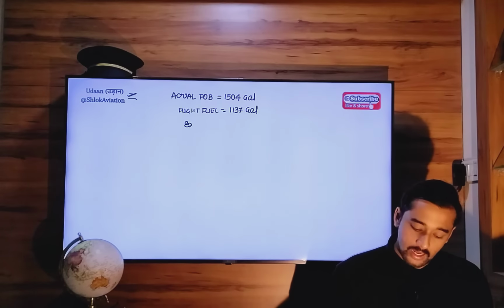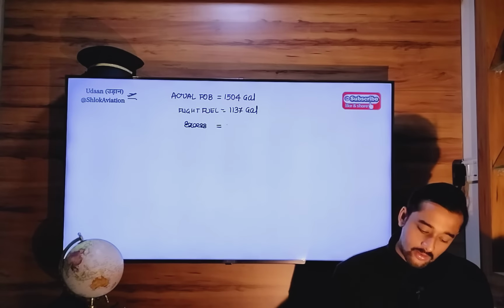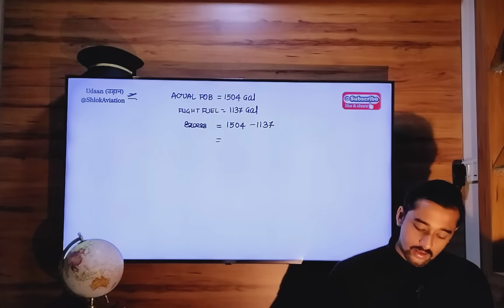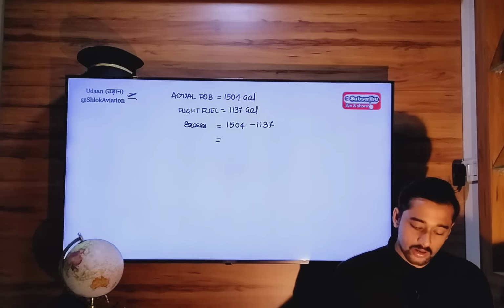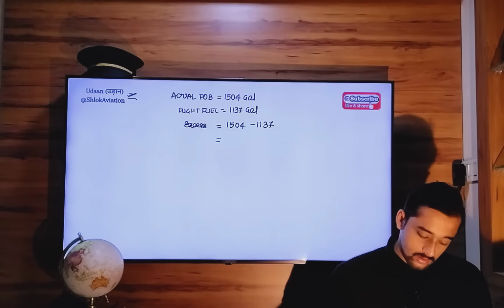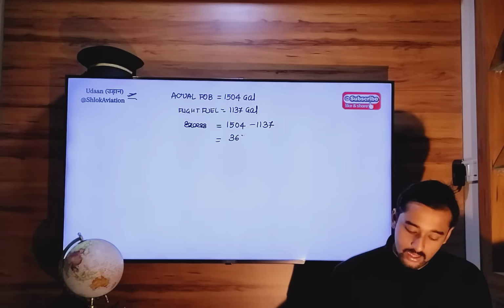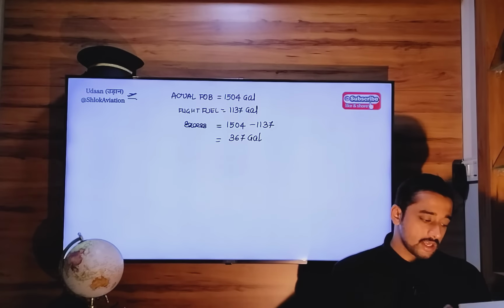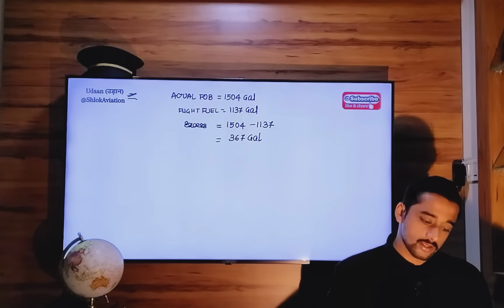So excess fuel that you are carrying is 1504 minus 1137, that is 367 gallons.